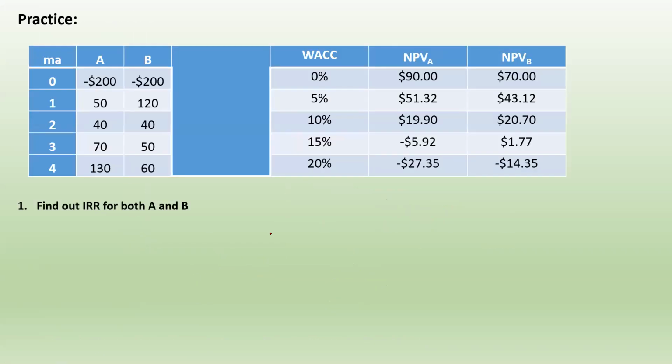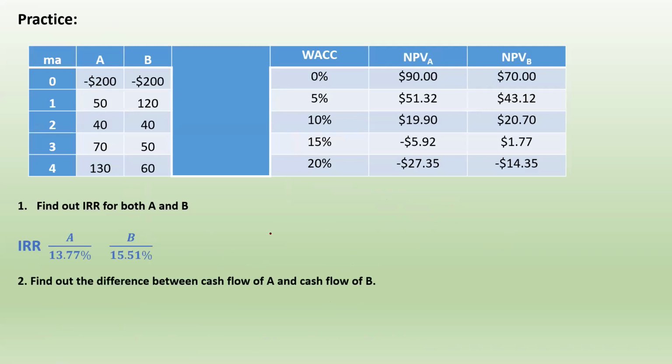Practice 2. We have again two projects, project A and project B. And I give you the NPV profile and ask you to find out the IRR for A and B. The procedure is basically the same. Find out the difference between cash flows of A and B. At t equal to 0, the difference between cash flows of A and B is 0.